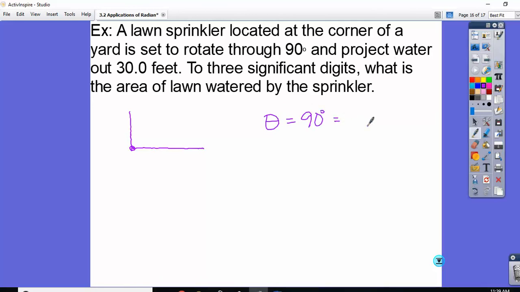We should know 90 degrees is the same as pi over 2. Okay, it projects water out 30 feet. What is that? Your radius. So it's going to go around like this, and we are trying to find that area right there. So area equals 1/2 R squared theta.